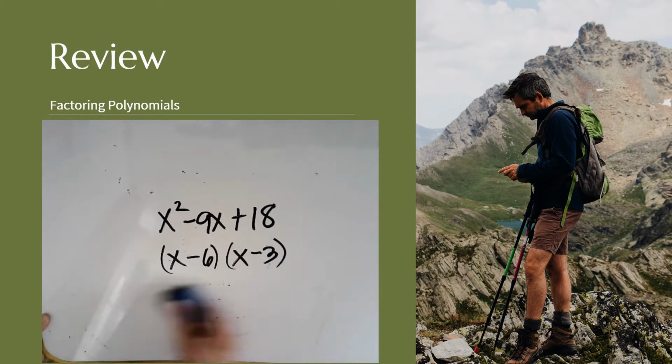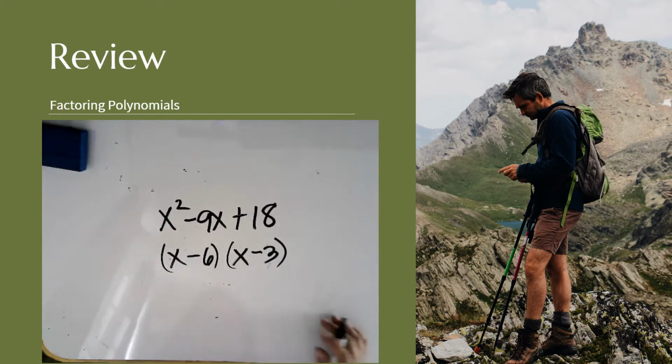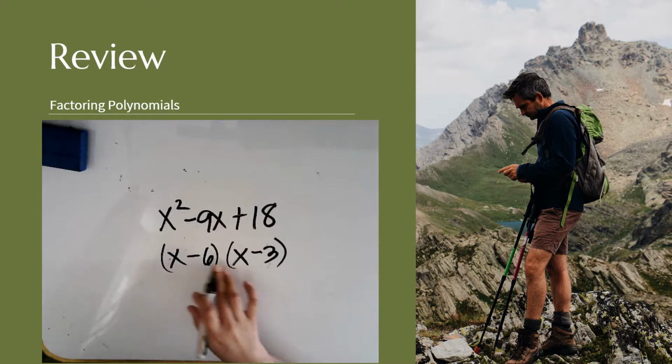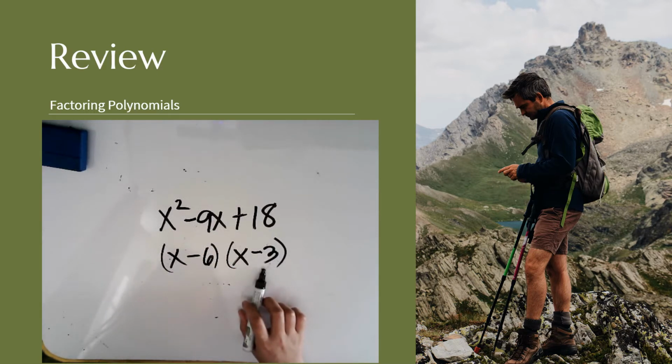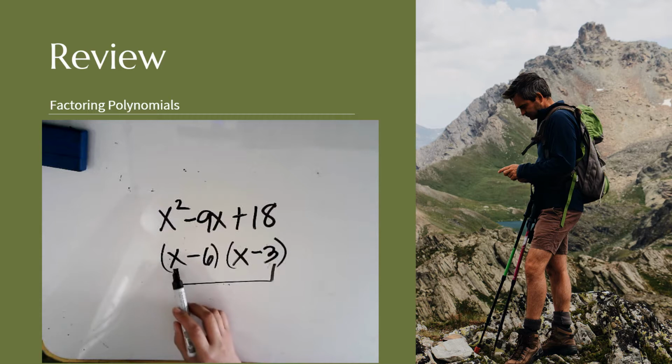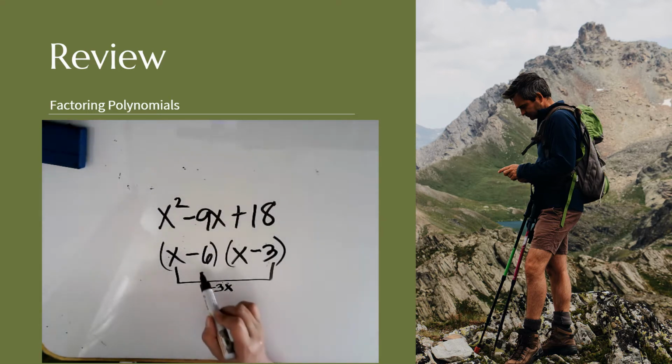So let's check if this is correct. x times x is x squared. Negative 6 times negative 3 is equal to positive 18. Multiplying the extremes, negative 3 times x is negative 3x. Multiplying the means, negative 6 times x is negative 6x.